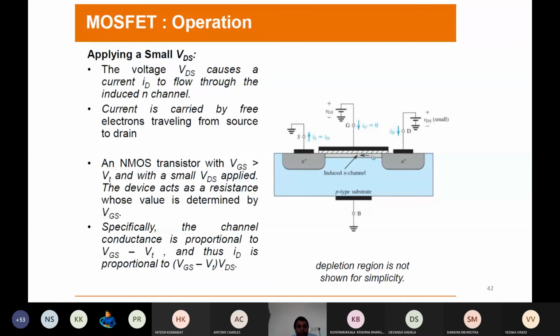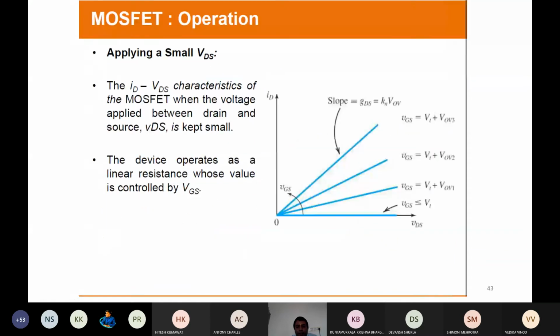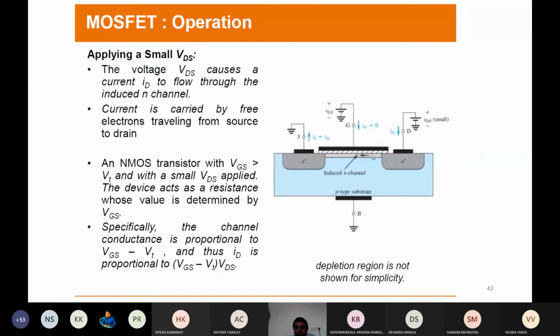Applying VDS and linear region operation, here we can see the graph. The graph is linear. If VDS is less than VGS minus VT, the current increases linearly, and this is why it is assumed to be in the linear region. The requirement is that you apply a positive drain-to-source voltage, the source is grounded, and VGS is sufficient, greater than the threshold voltage.